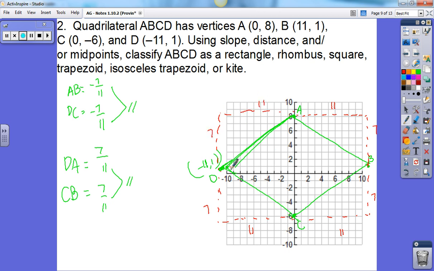So when I look at this, that means that these all have to be the same based on the Pythagorean theorem. If all my sides are 7 and 11 of my right triangles, then these have to be the same as well. So then this would be a rhombus.